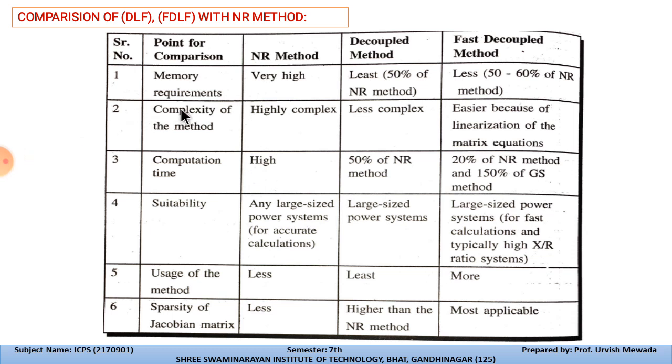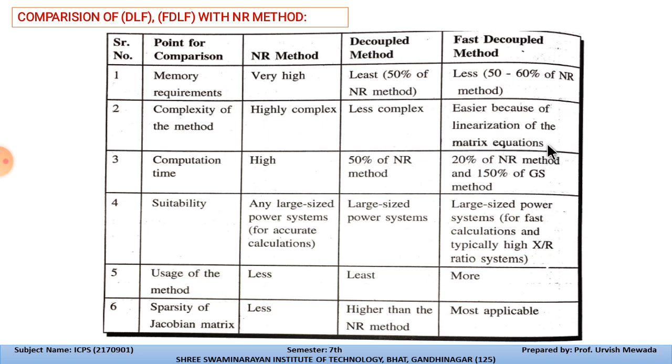Now the second point we take is complexity of the method. When we perform this manually or with the help of any programming device, the NR method is highly complex. The decoupled method is less complex, and the fast decoupled method is easier because of the iterations of the matrix equation.